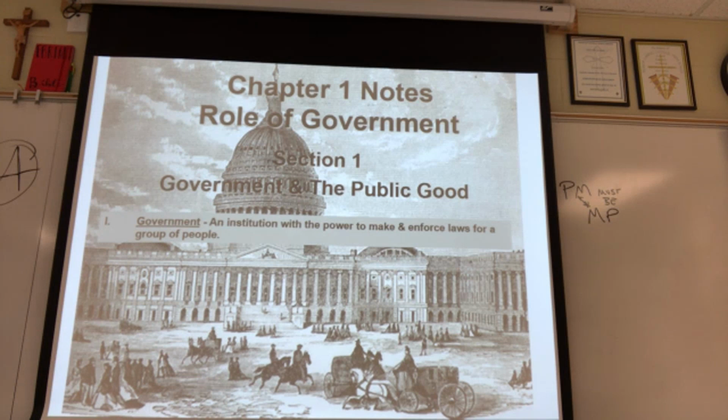Principles of democracy. I think this is in your book, Principles of Democracy. I don't know if I had it in the notes.